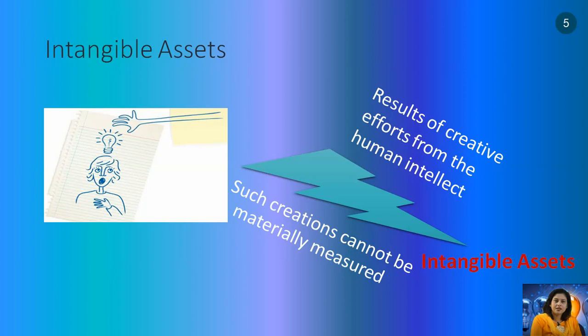So, in contrast to physical assets such as machinery, buildings, financial assets such as government securities, an intangible asset is usually very hard to evaluate. Such creations cannot be materially measured. So, some of the examples of intangible assets are patents, copyrights, franchises, goodwill, trademarks.